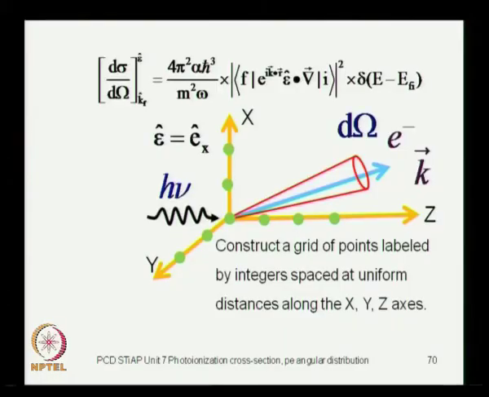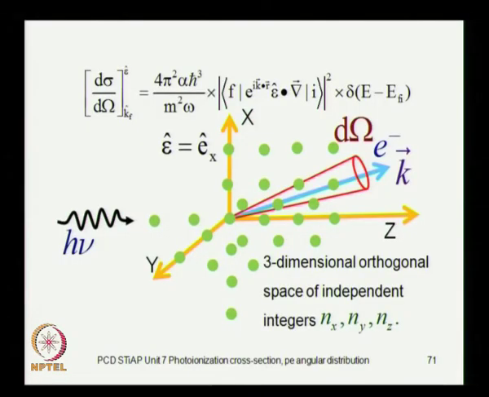You have got the origin at 0, and then you put additional points at not just 0, 1, 2, 3 on the nx axis, but also when nx is equal to 1, ny is equal to 1, and nz is equal to 1, and so on. So, you get an additional number of points coming from all the 3 axes, right.